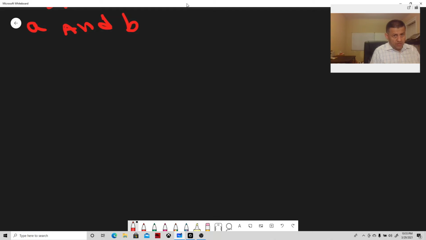We come here and draw a little Cartesian plane. I don't know how straight it's going to be, but I guess it doesn't matter. You can use graph paper and make this nice and neat.